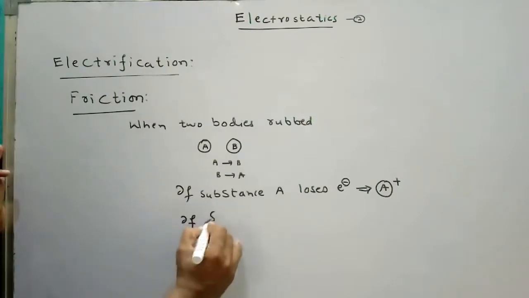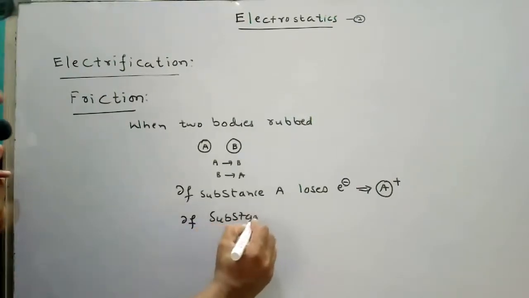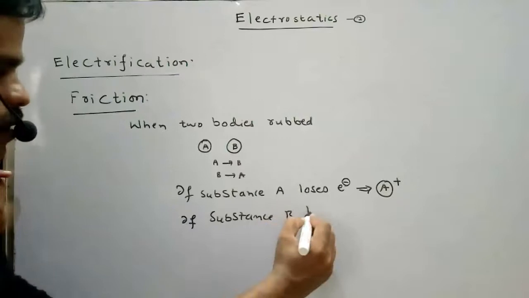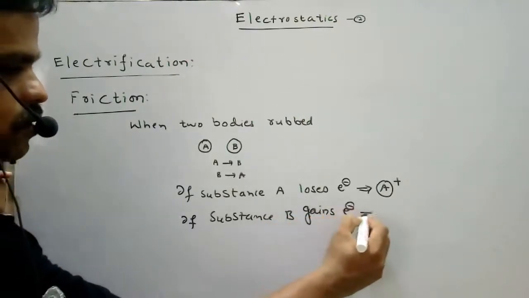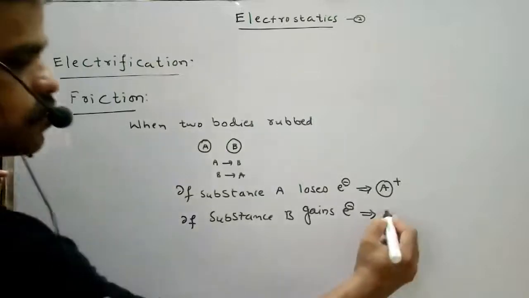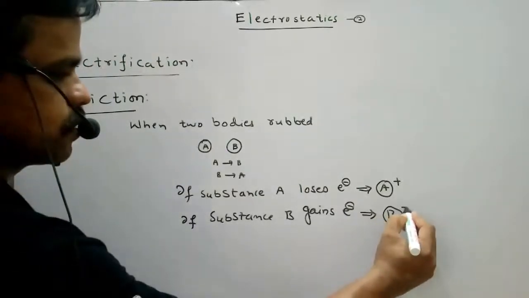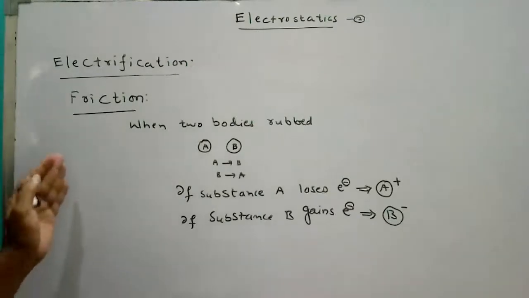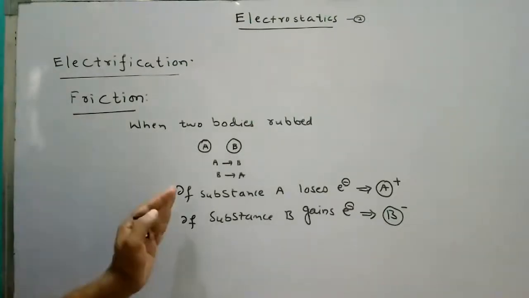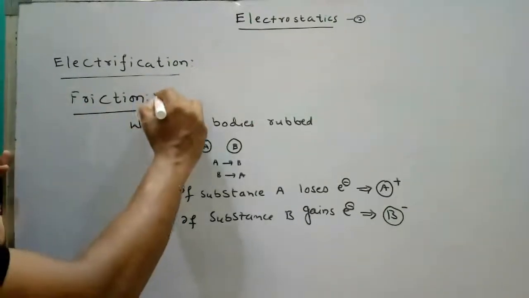If substance B gains electrons, then the substance B gets negative charge. Like this, the body is getting charged by friction.